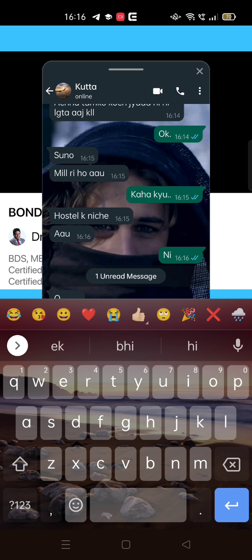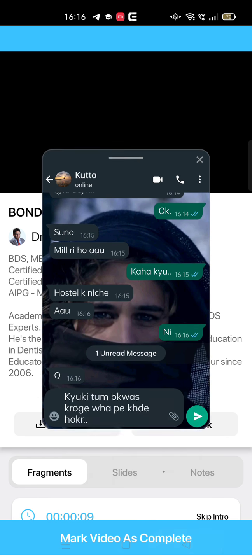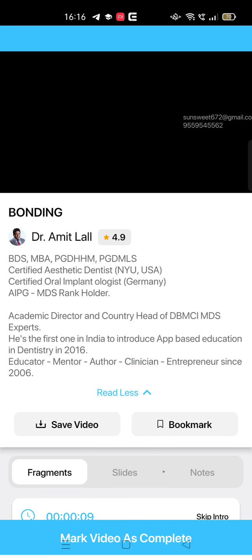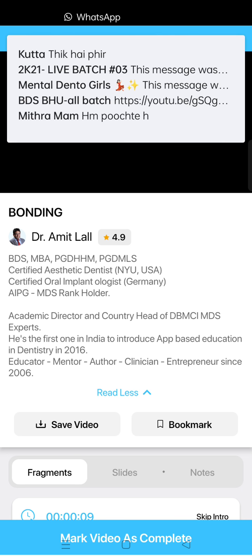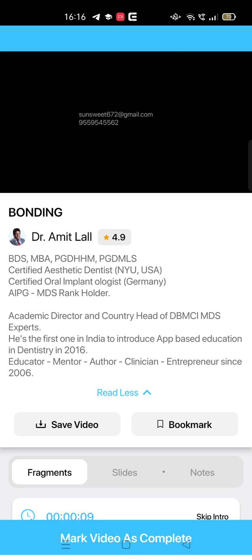Plus, primers are hydrophilic monomers dissolved in highly volatile solvents like ethanol, water, acetone, whatever combinations they are giving.